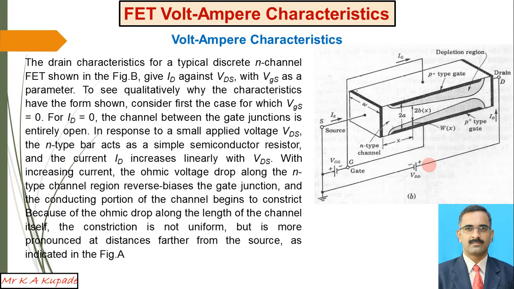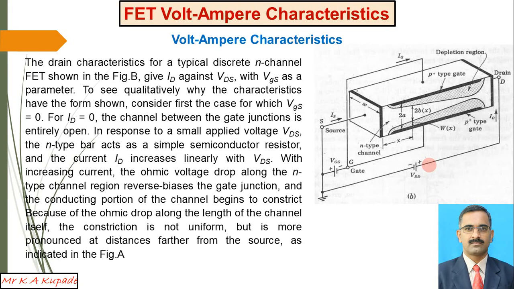Now consider the first case for this operation, as usual, where we keep VGS equal to 0. For this, initially suppose ID is equal to 0, then the channel between the gate junctions is entirely open.